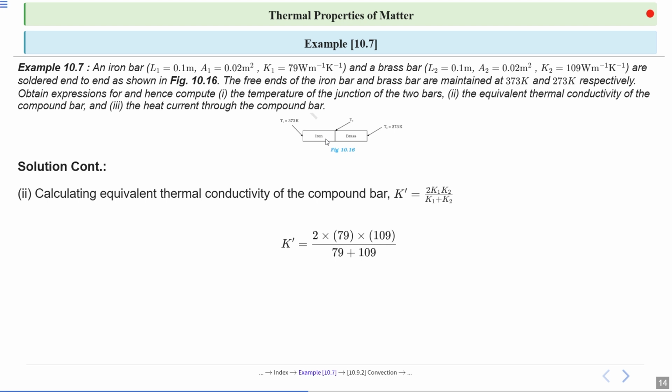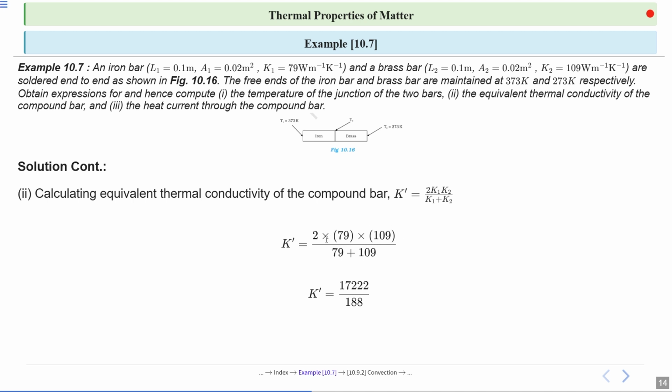We know the value of K1, similarly K2, which is given in this question. So put the values of K1 and K2: 2 into K1, value of K1 is 79, into value of K2 109, divided by (K1 plus K2), so it will be 79 plus 109.